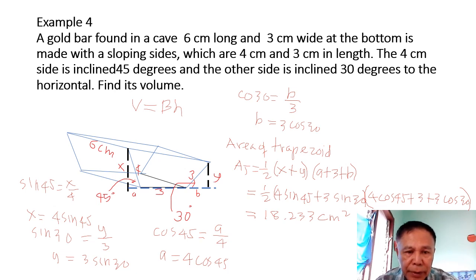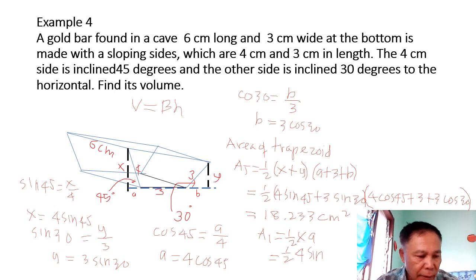So for the area of triangle 1, A1 equals 1/2 times 4 sine 45 times 4 cosine 45, equivalent to 4 centimeters squared.